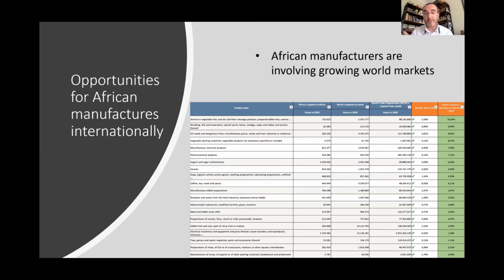A share of 1.3 percent or even 0.1 percent, for example in pharmaceutical products, means that some African manufacturers can export their products, but some others maybe cannot. But this doesn't mean that in the future all other manufacturers and companies will not do this. There are just some steps they need to follow, and I believe that African countries' and manufacturers' market share will increase after these processes.